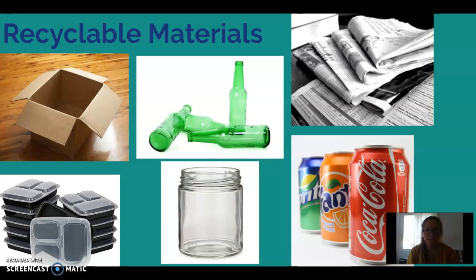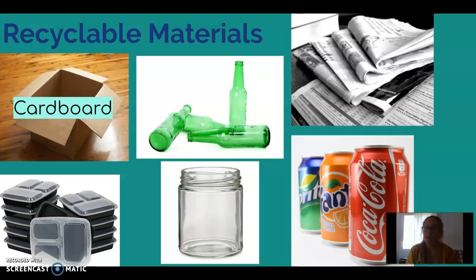Recyclable materials. We come across these materials every day. For example, over here is a picture of a cardboard box. We see cardboard boxes when we order items off the internet like Amazon, and our purchases are packaged in a cardboard box.